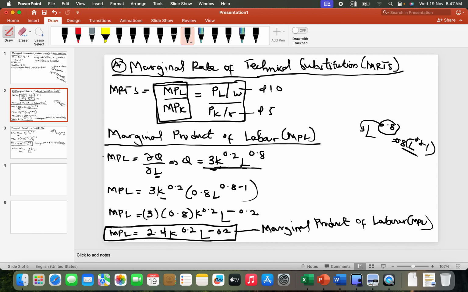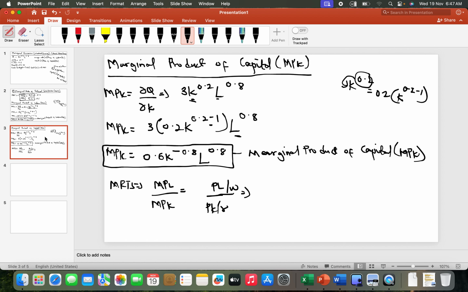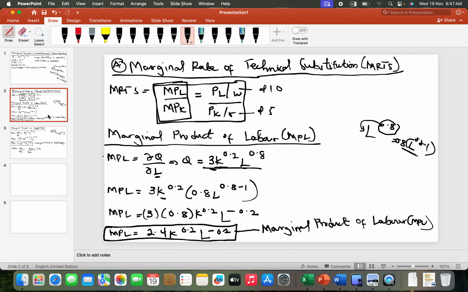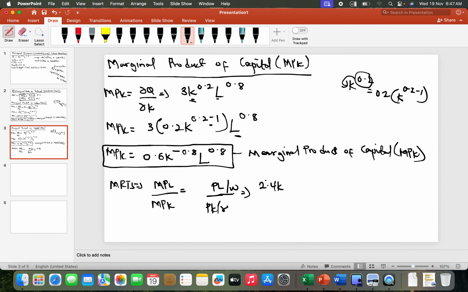The first one was 2.4K exponent 0.2, L exponent minus 0.2. That was the marginal product of labor. So this is the marginal product of capital, this one.